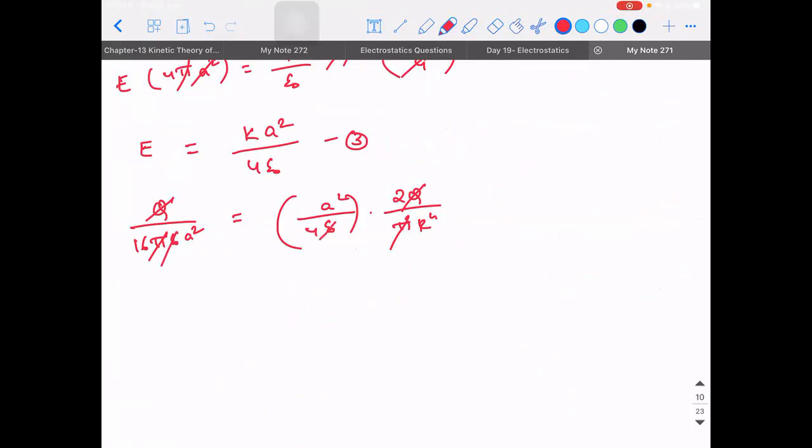Epsilon naught is gone. So 32 times a power 4, or I will cancel this, it will go 4 times. 8 times a power 4 is equal to r power 4. So r is equal to 8 power 1 by 4 times a.